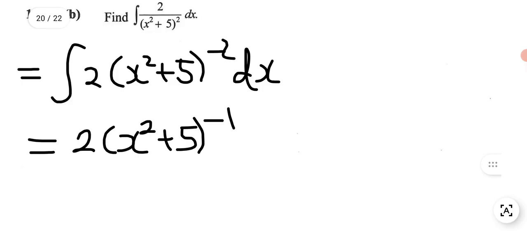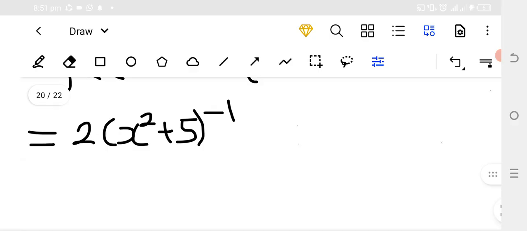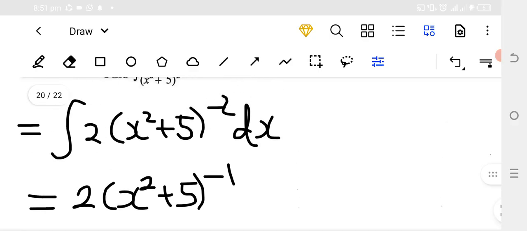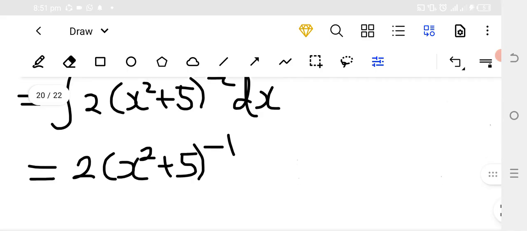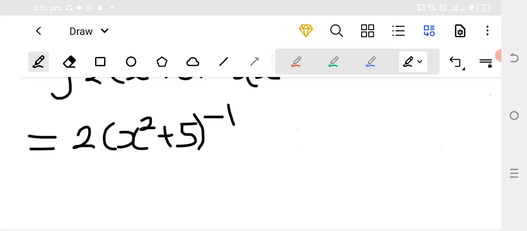So here, since we have remained with it in this particular form, right? If you look at it, I haven't changed anything. I've just integrated. So I've added 1 to the power, it has become the power negative 1. You divide by the new power, that's what we say. And then you again multiply by the bracket differentiated.